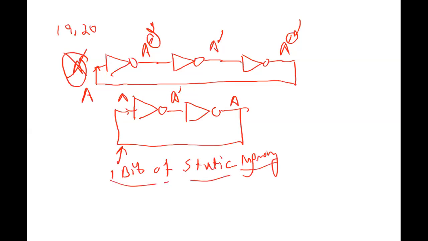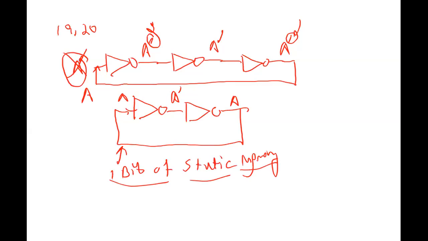So in effect, you can make a storage element with 2 NAND gates, but you can make a clock with 3. How does that grab you? It's pretty cool. Yeah, that's cool.